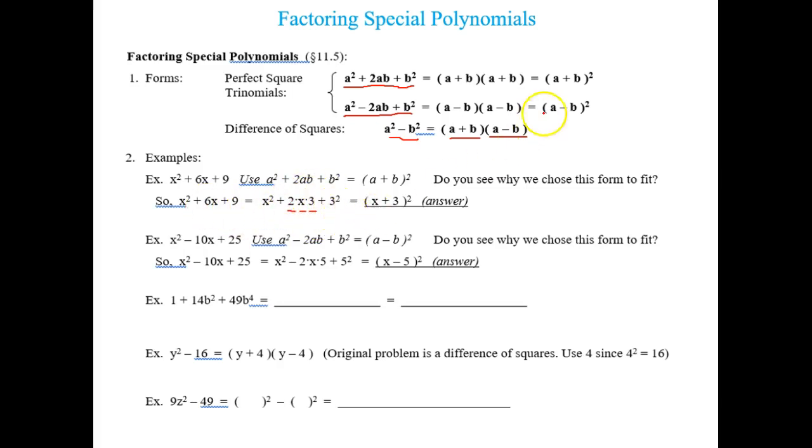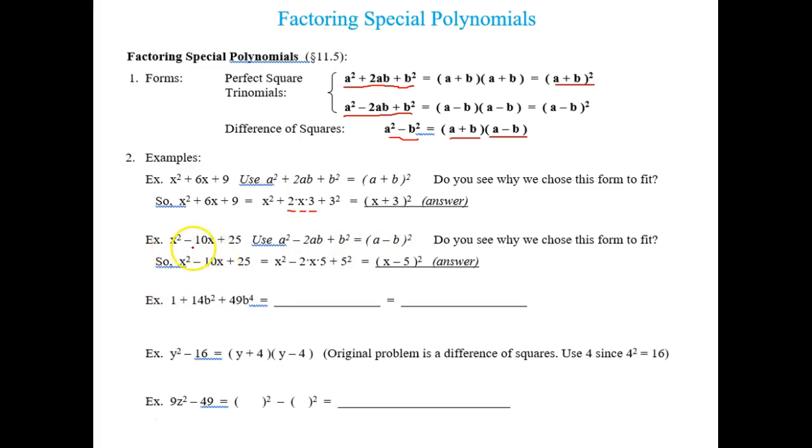So that fits the form, and so it factors according to a binomial squared, x plus 3 squared. Now you could have used the other method and said to yourself, well, what are the factors of 9 that add up to 6, which are 3 and 3? So it would be x plus 3 squared. But I'm trying to show you the pattern and be able to use that.